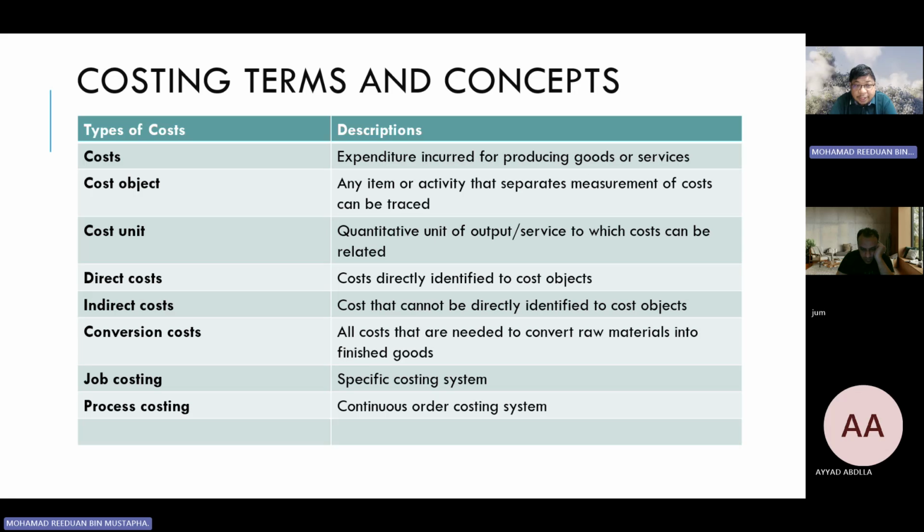So direct cost is directly identified with the cost object, and indirect cost cannot be directly identified to the cost object. Conversion costs are costs that are needed to convert raw material into finished goods. Job costing is a specific costing system, and process costing is a continuous order costing system. This is just a few costing terms that you should be familiar with.